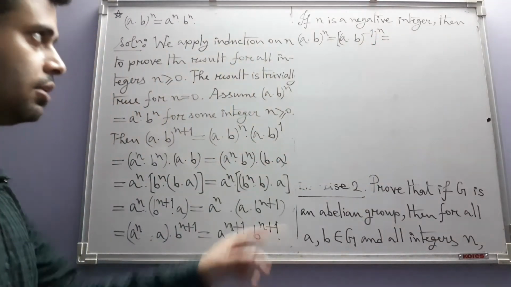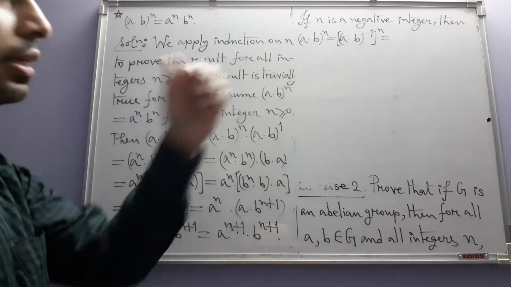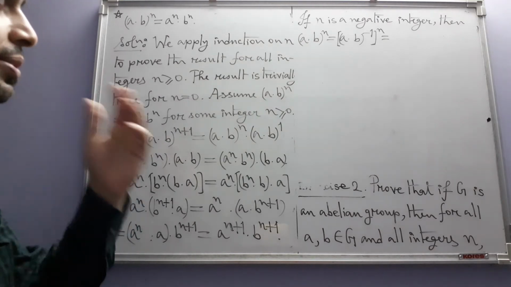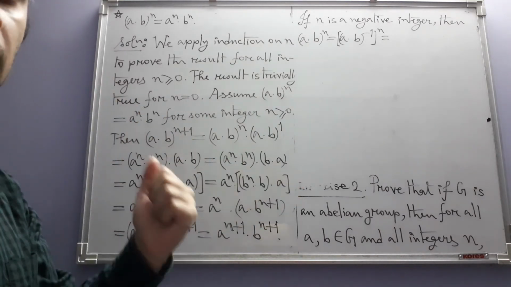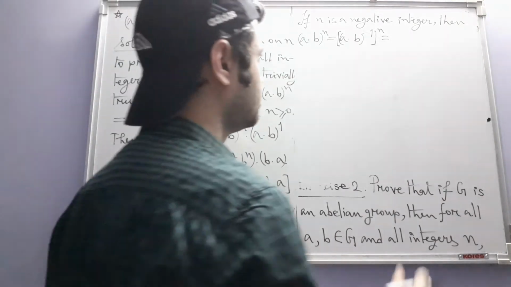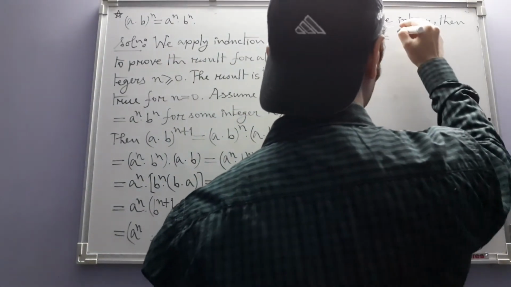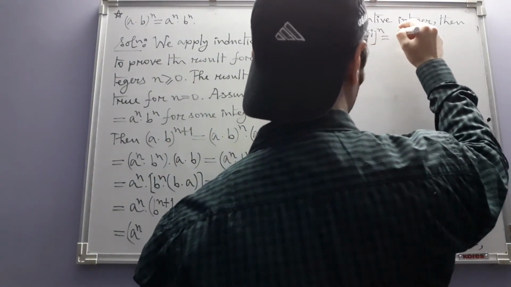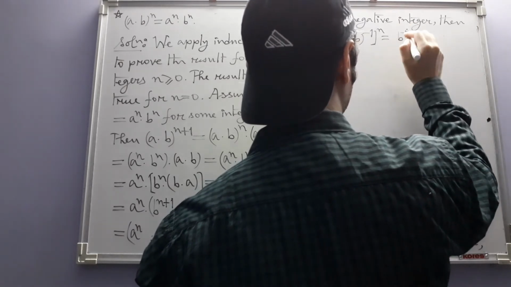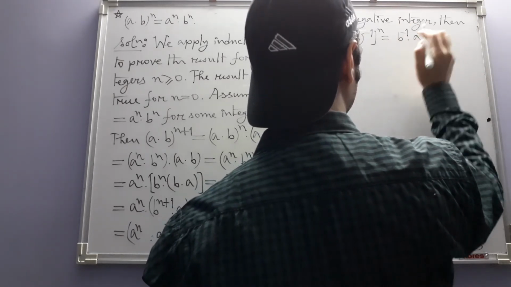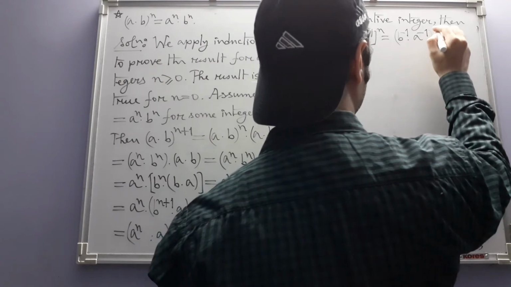Now here again we are going to use one of the things that we have come across in lemma 231. There part D says that the inverse of the product of two group elements is the product of their inverses but taken in opposite order.